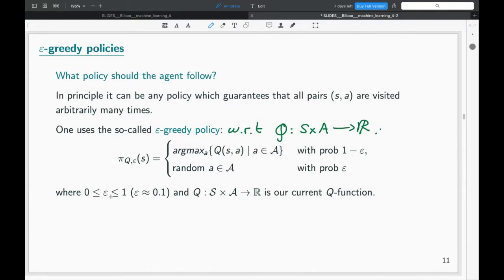Epsilon is about 0.1. Of course, you can tune this, but usually I give you values of this kind of parameters so you can get an idea of the magnitude they usually have. So with high probability, it's just greedy, and with some small probability, it's completely random.